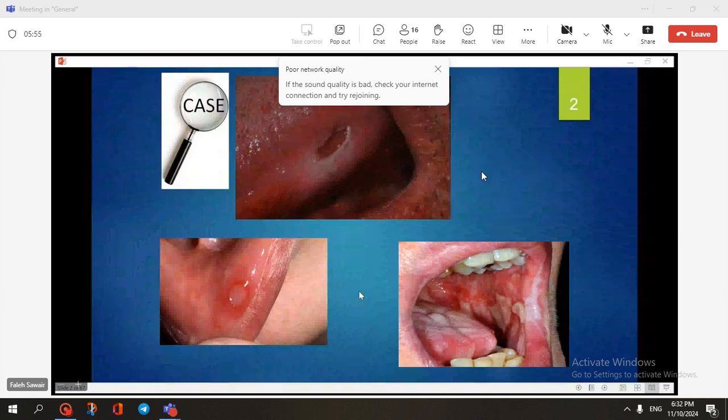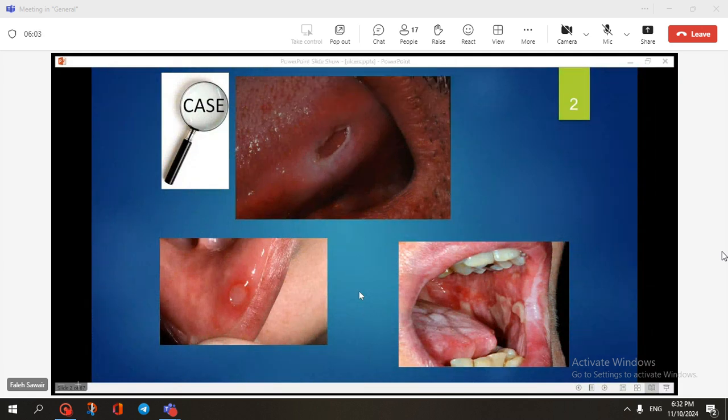But some ulcers, you can see in the lower right picture, with the presentation of diffuse oral ulceration causing significant symptoms to the patient. So the features of these ulcers should be taken into consideration in the differential diagnosis.